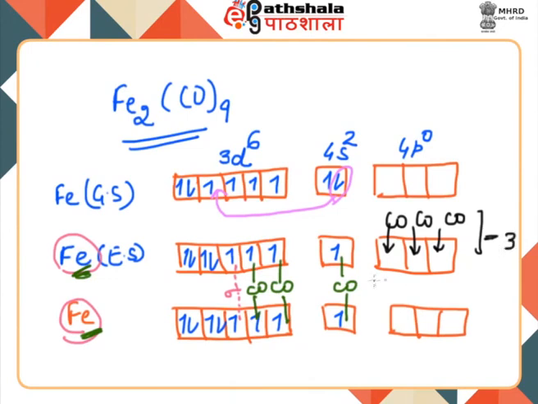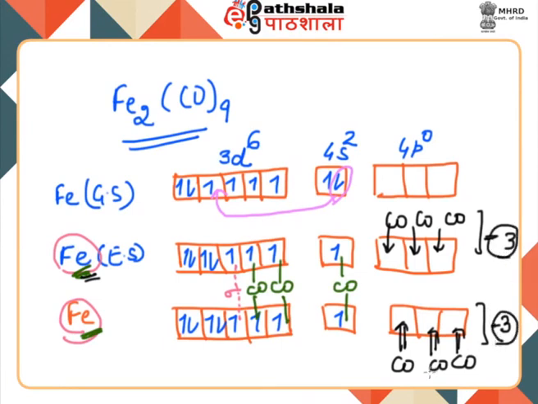So 3 are here on one iron, and similarly in these vacant orbitals there will be 3 carbonyls. So there are a total of 3 and 3, 6 terminal carbonyls.